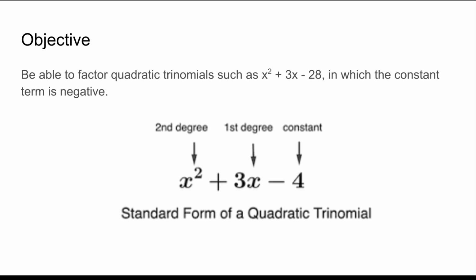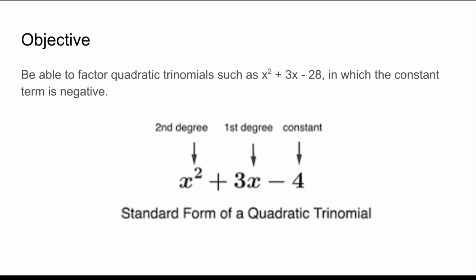Remember, when we're factoring a quadratic trinomial, we're trying to find numbers that multiply to the product of the last constant number. You remember that from our last lesson? If we are ending up with a negative number, what two types of numbers are we multiplying together? If we did a positive times a positive, would we end up with a negative number?